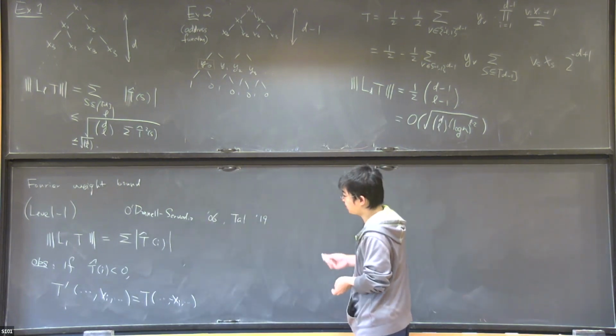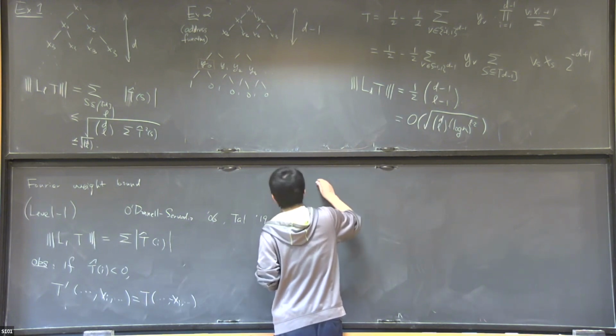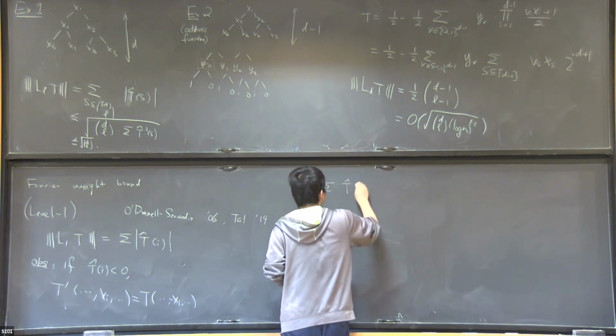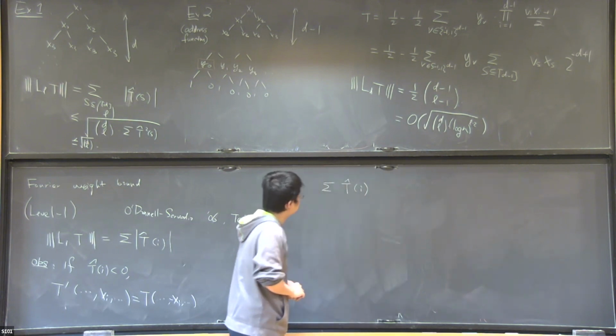Once you have this observation, what you need to do is find a tree that maximizes the sum of the Fourier coefficients at the first level.